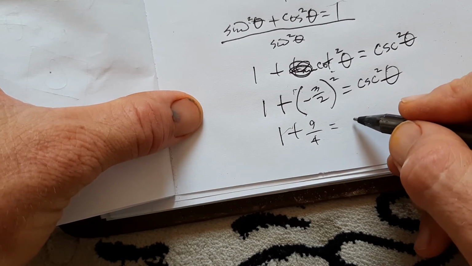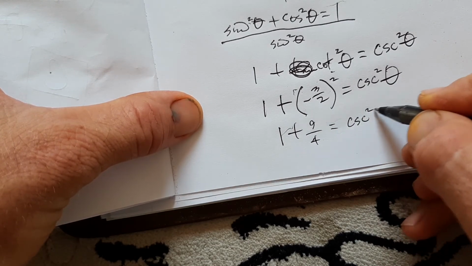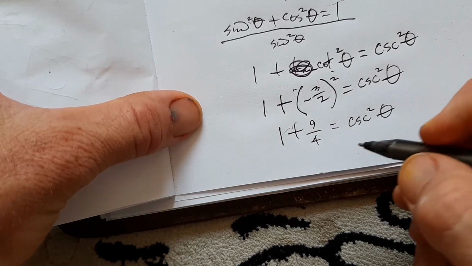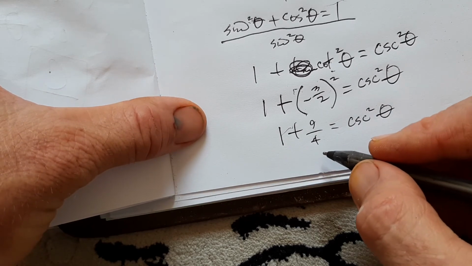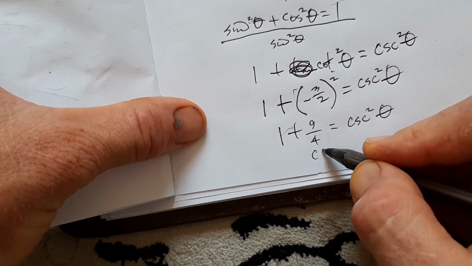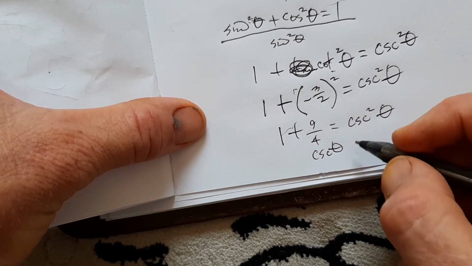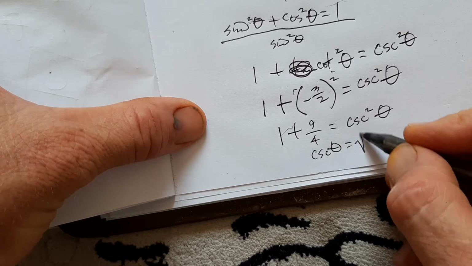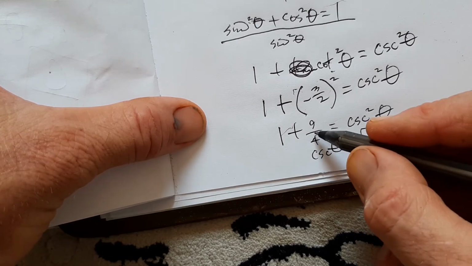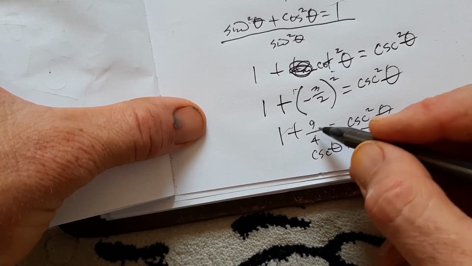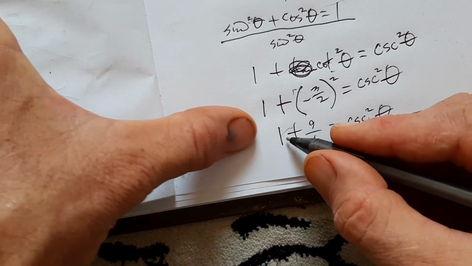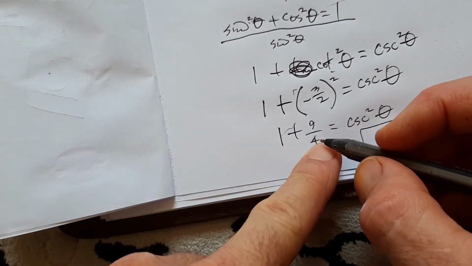equals cosecant squared theta. Okay, so then I'm going to have cosecant of theta equals the square root of, I'm just going this way, right? And I'm taking the square root of, what would this be?